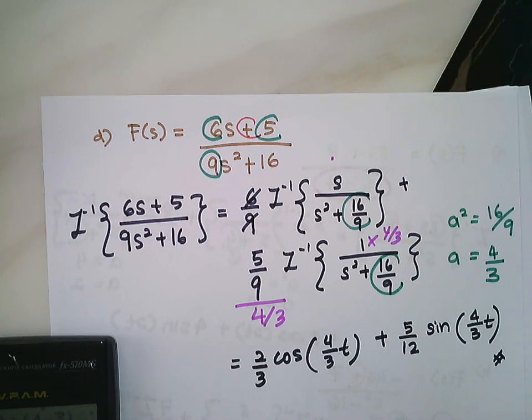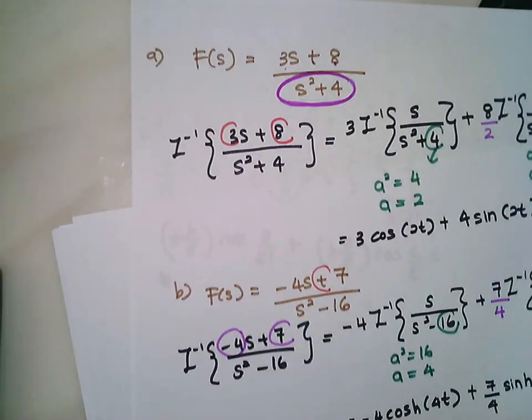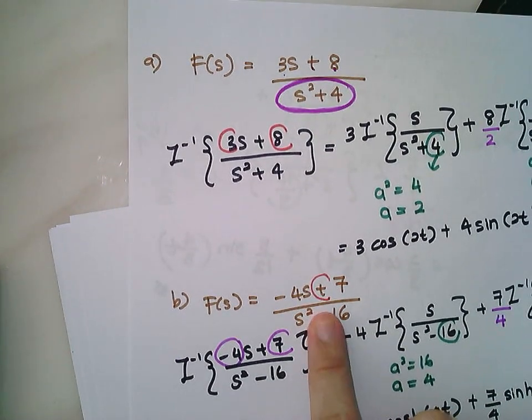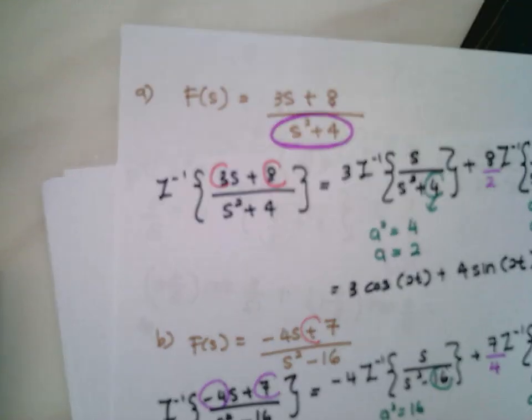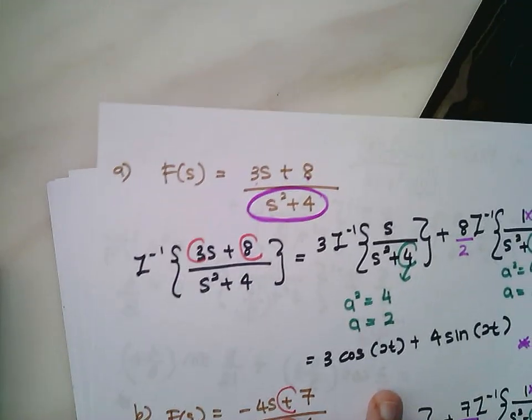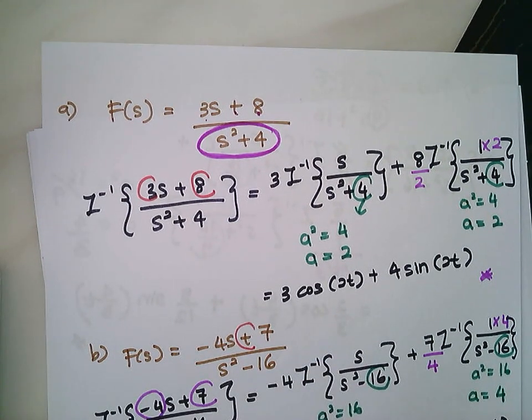As you can see here, although we have a complex function here, your F(s), you can get the inverse of this particular function when you apply properties of inverse Laplace transform. So you should now be able to know when you are going to apply linearity properties.